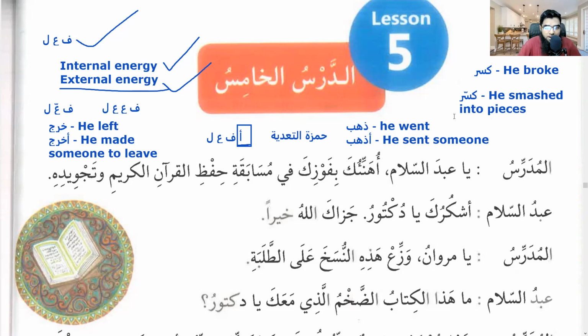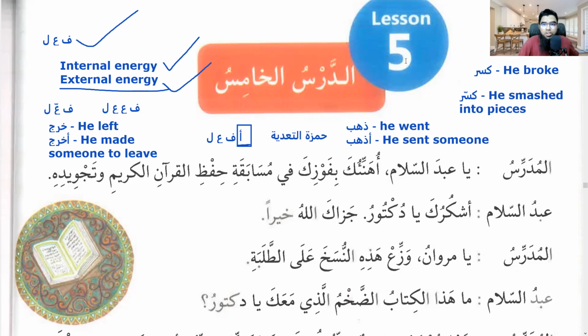But whatever rule I said, it's not a general rule. You cannot understand the meaning through the forms. You have to look into the dictionary. I will keep saying this again and again, because everyone asks. We can guess sometimes, but it's not applicable 100%, inshallah.